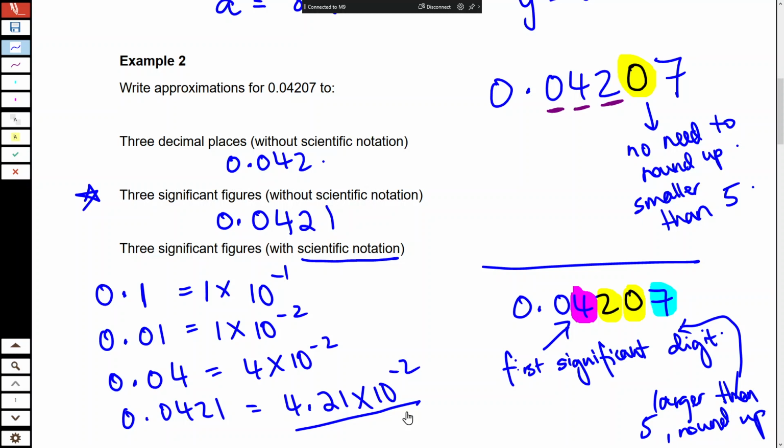Once you've got some experience, you can skip the first 3 lines.